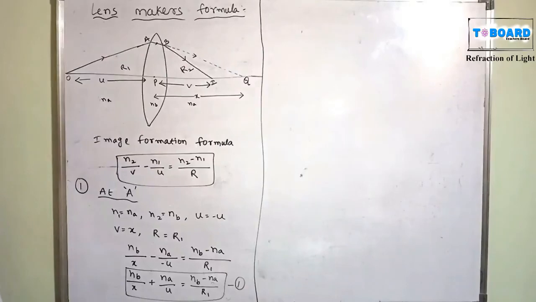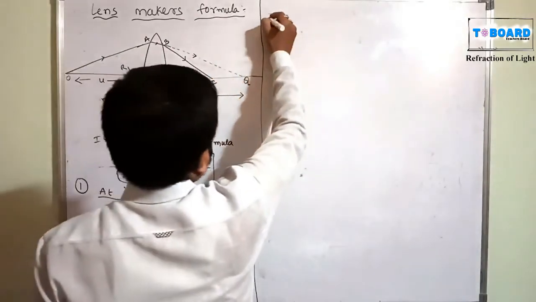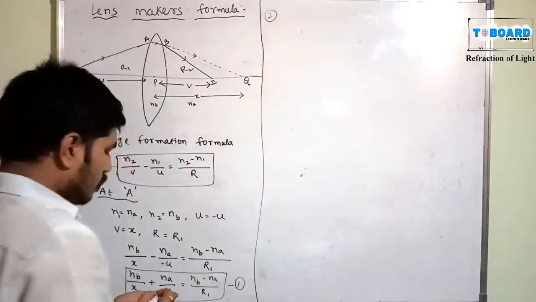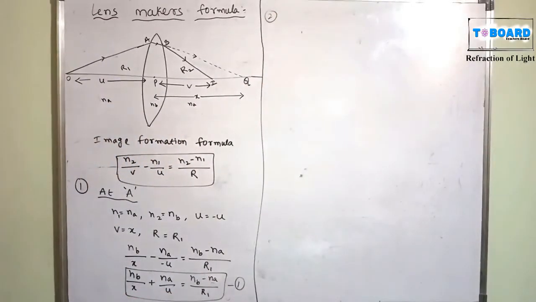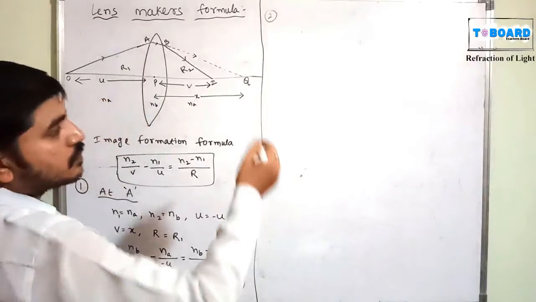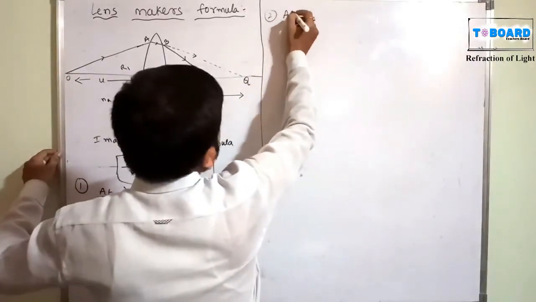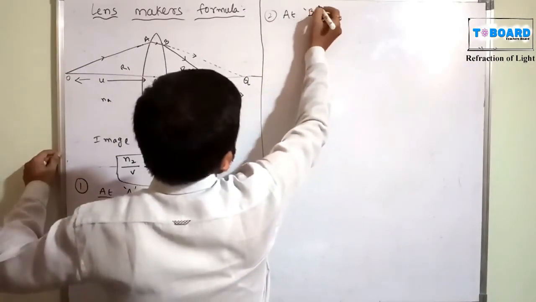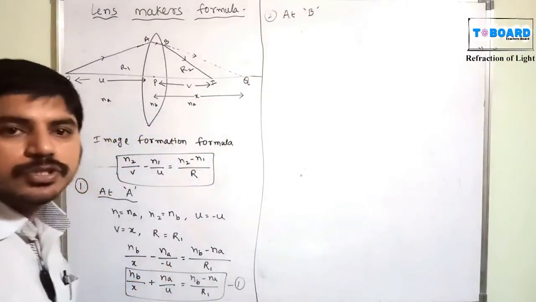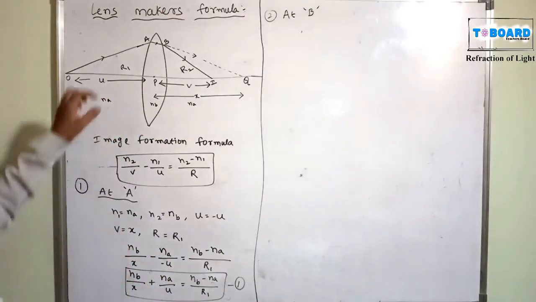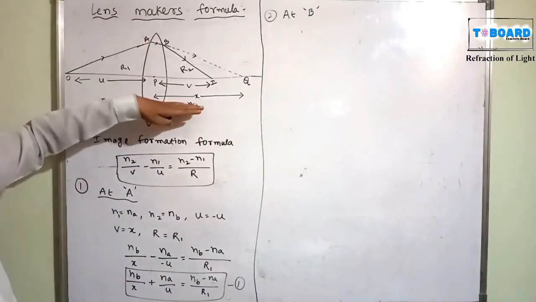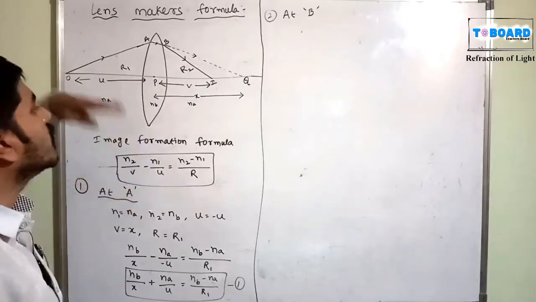Then we'll go for the second condition, at position B. At B position, I will consider the B values. What about the object position?